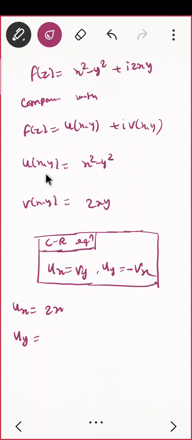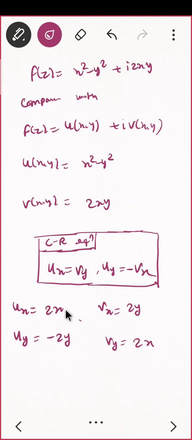U with respect to y I am saying. Perfect, minus 2y. And what is vx? 2y. And what is vy? 2x.